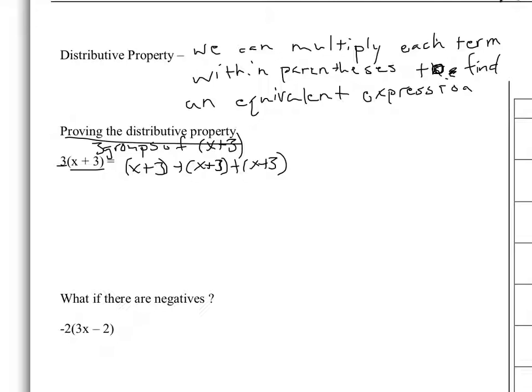Additionally, the next thing we're going to do is rearrange all of the terms. So think about which property that is. We're rearranging all of the terms, x plus x plus x plus 3 plus 3 plus 3. I've used the commutative property, which we know also only works for addition and multiplication.